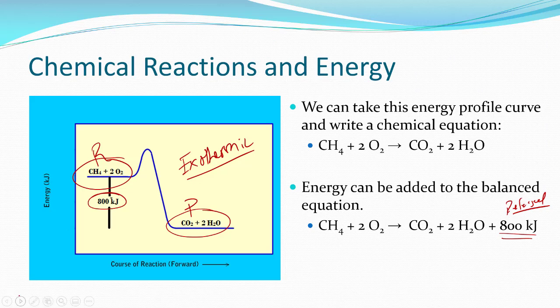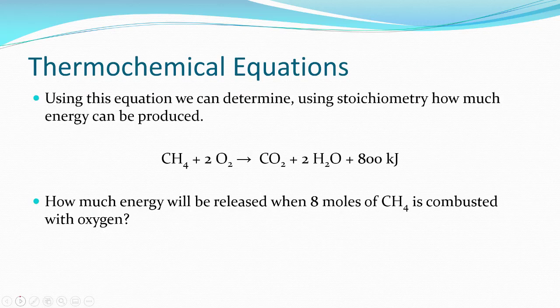So, here's literally the equation I just copied from the previous slide. I hope that this looks familiar. If not, reverse, take a look, compare. The question is right here. How much energy will be released when 8 moles of methane, CH4, is combusted with oxygen?